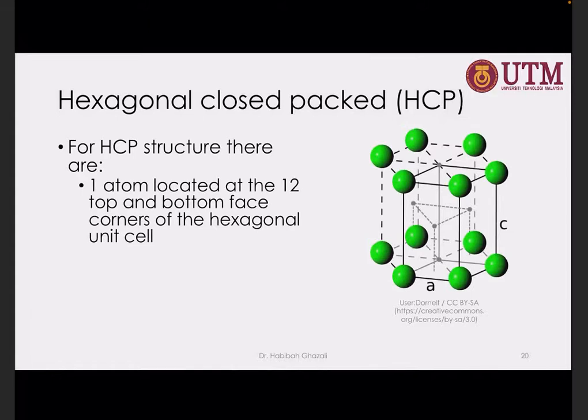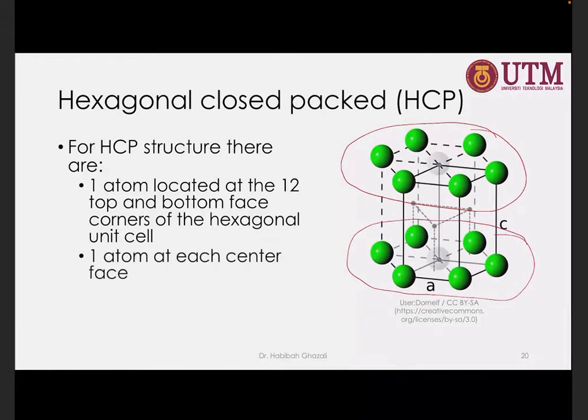So here, containing one atom. This one containing one atom, another one atom. So one atom at each center face here, the blue color.